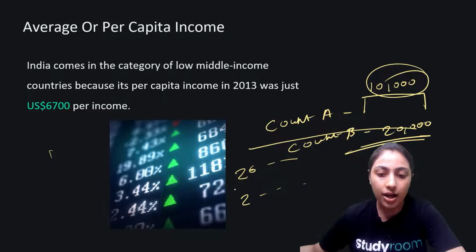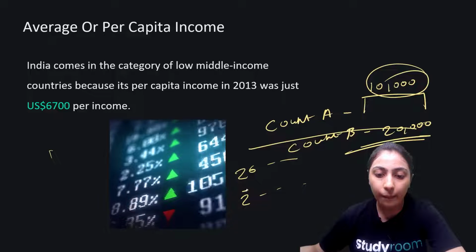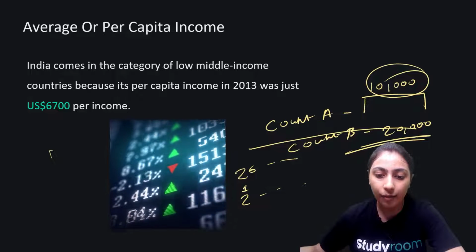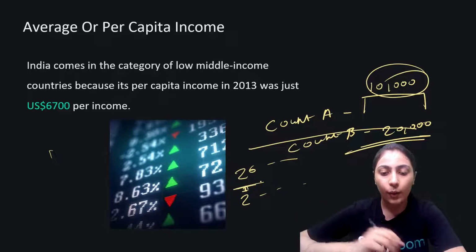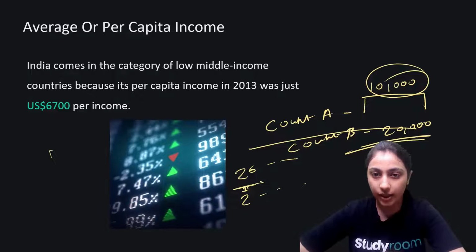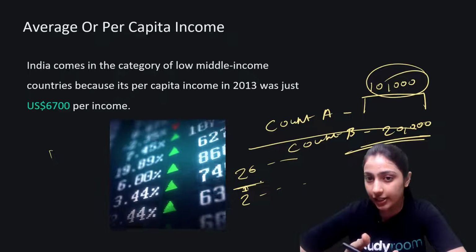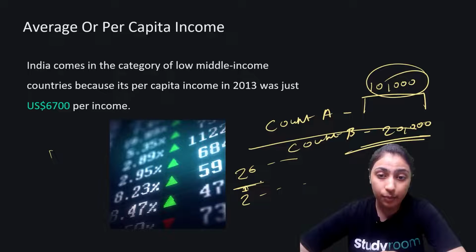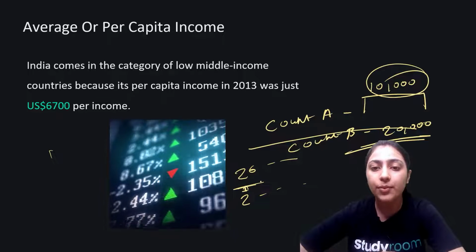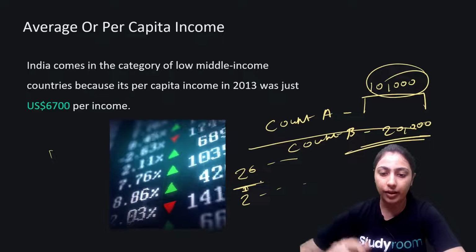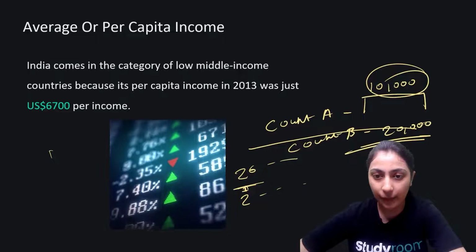So India comes in the low middle category when it comes to seeing at what level India stands. Is it developed, underdeveloped, soon to be developed? So India comes in the low middle country.